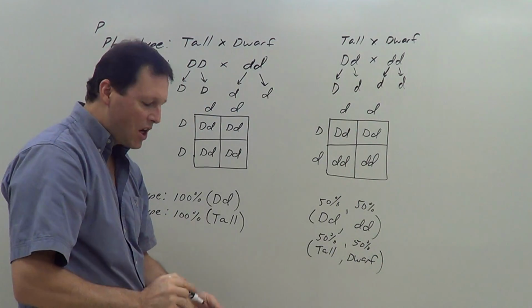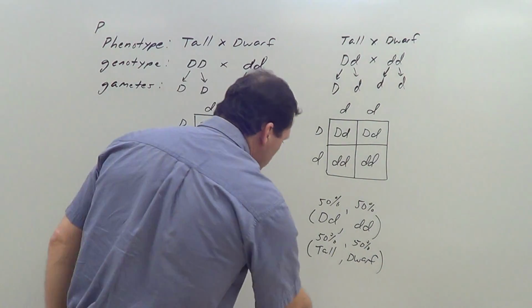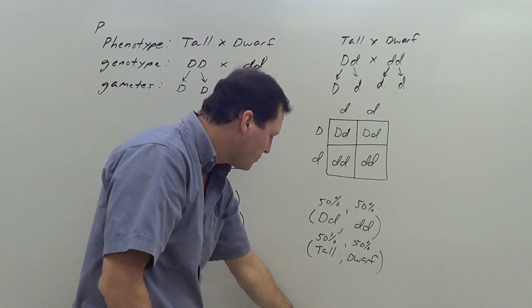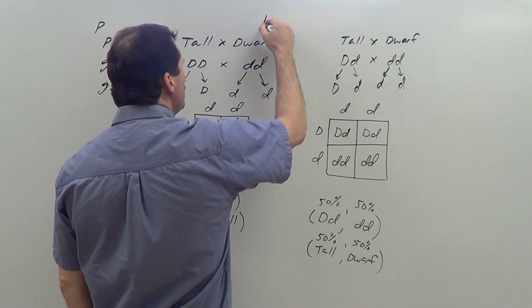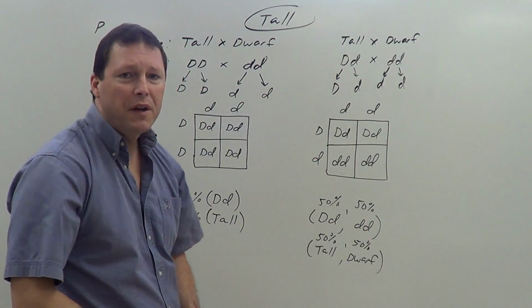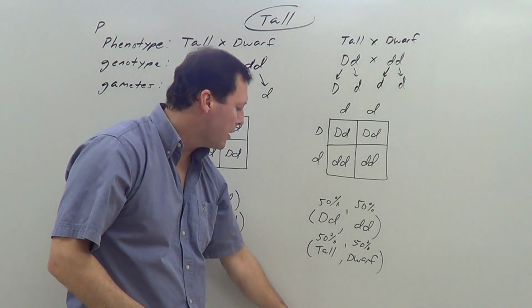So what does this actually tell me? Well, it tells me this. If I take that tall pea plant that I didn't know the genotype of, there it is, I'm trying to figure out the genotype of that tall pea plant.